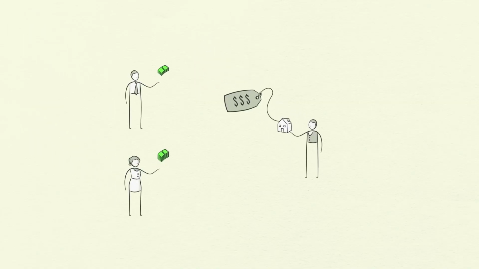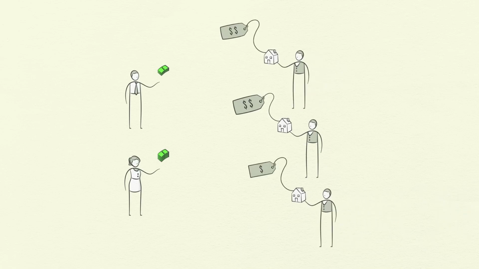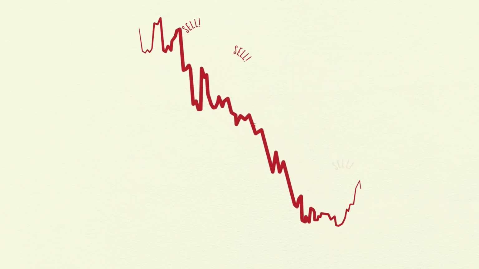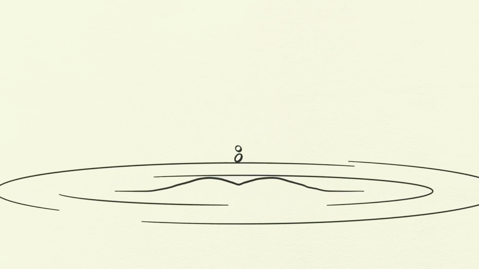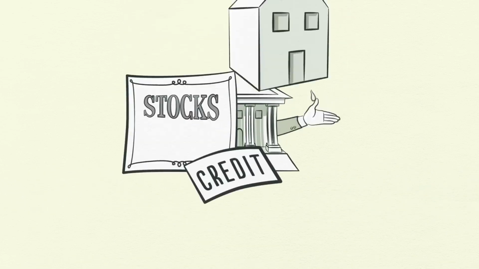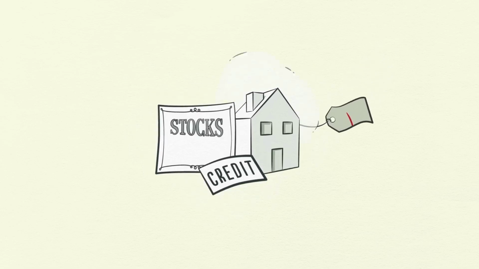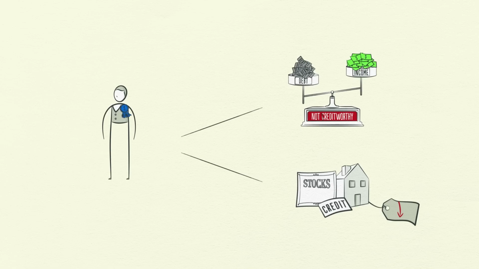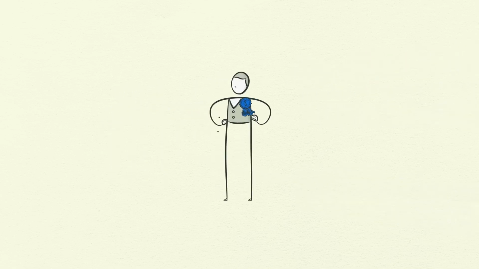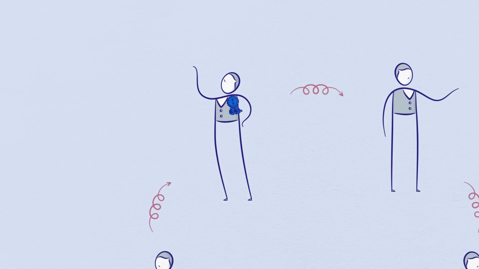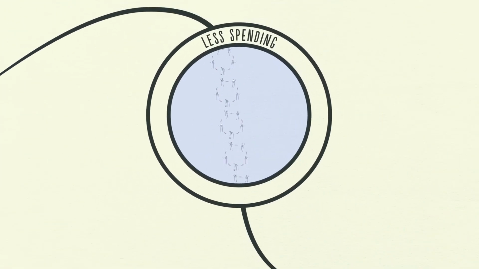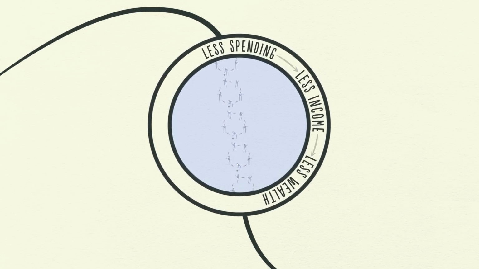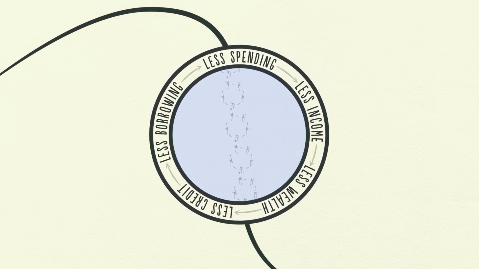Scrambling to fill this hole, borrowers are forced to sell assets. The rush to sell assets floods the market at the same time as spending falls. This is when the stock market collapses, the real estate market tanks, and banks get into trouble. As asset prices drop, the value of the collateral borrowers can put up drops. This makes borrowers even less creditworthy. People feel poor. Credit rapidly disappears. Less spending, less income, less wealth, less credit, less borrowing, and so on.